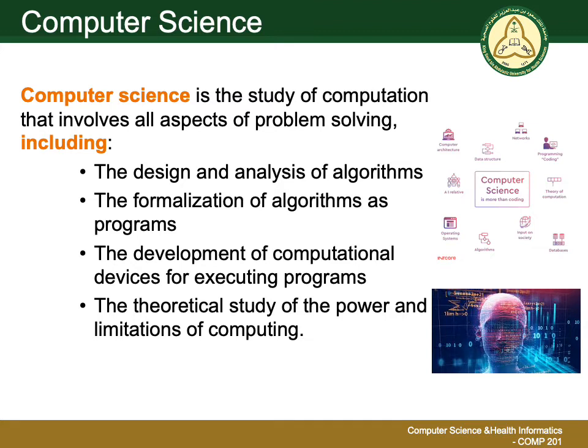We need to develop computational devices to execute programs. And the fourth point is the theoretical study of the power and limitation of computing. These points are included under the definition of computer science.